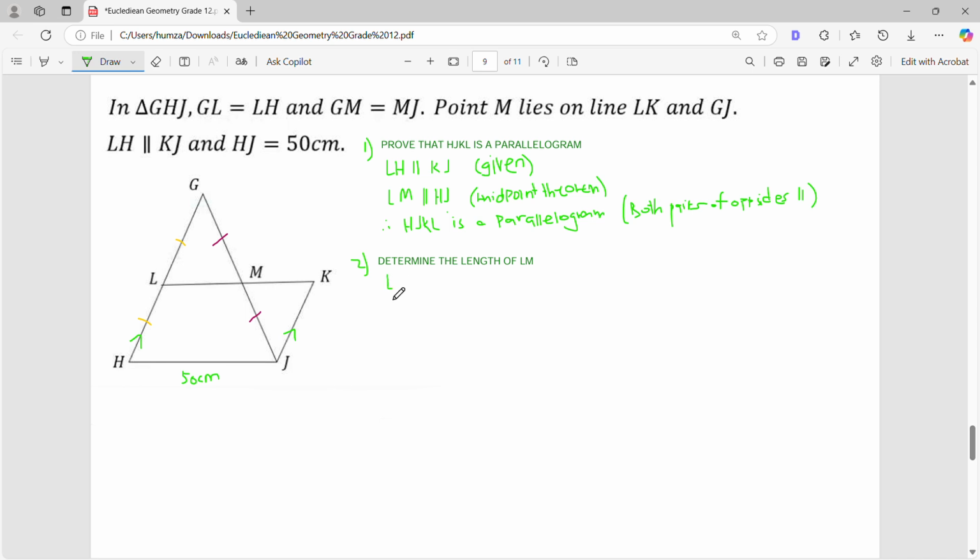So LM is half of HJ, and the reason is the midpoint theorem, and LM is equal to half of 50, and we can say that therefore this is equal to 25 centimeters.